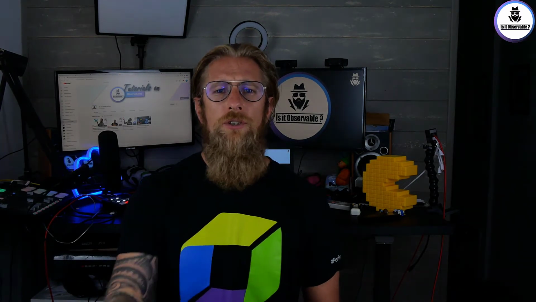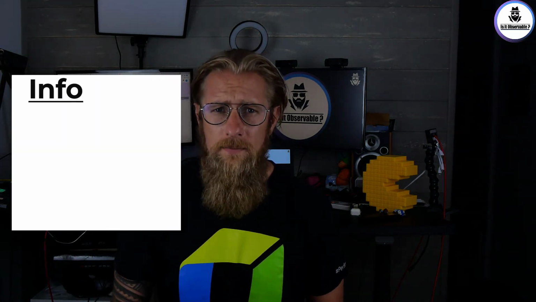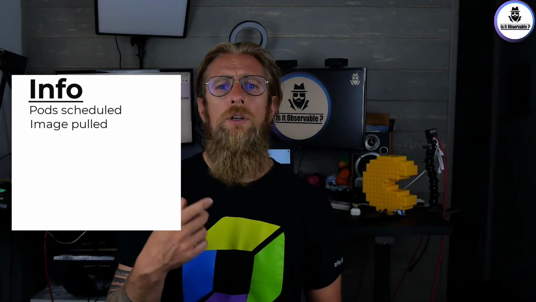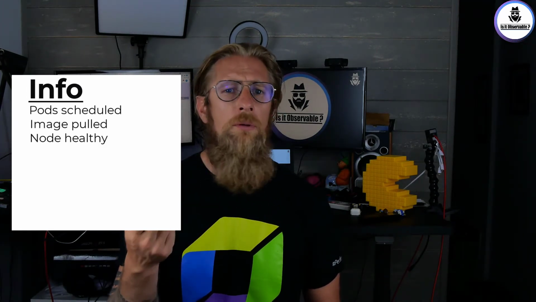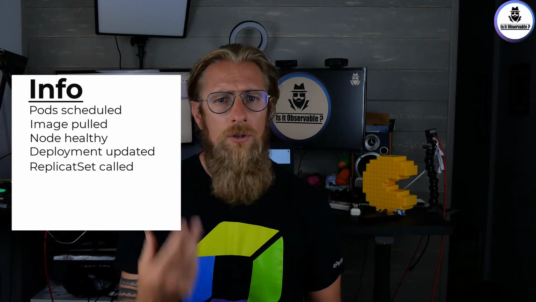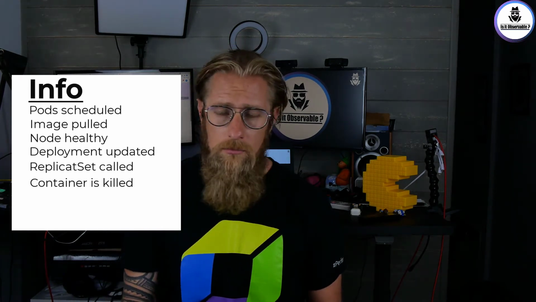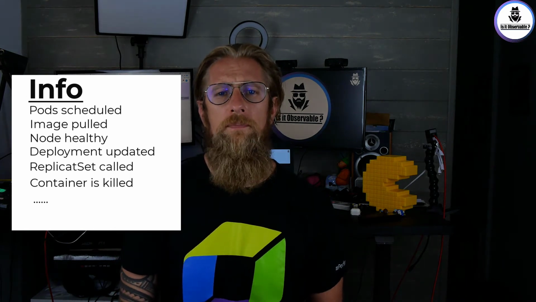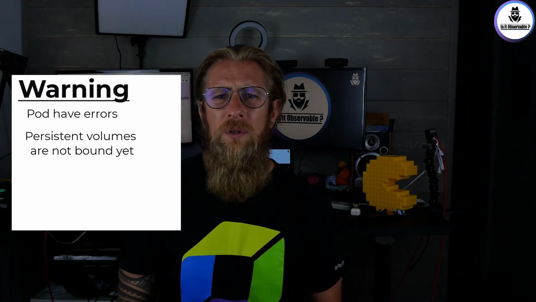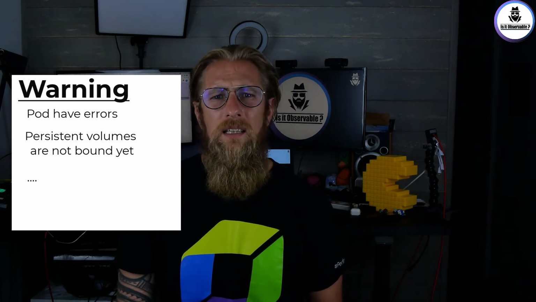What are the various types of events? So you have information events: pod has been scheduled, image is pulled, node is healthy, deployment is updated, replica set is scaled, container is killed. This is pure information. Then you've got warnings. So I have a pod that has errors, or I have a persistent volume that is not bound yet.